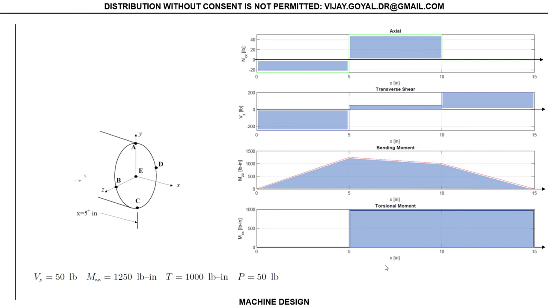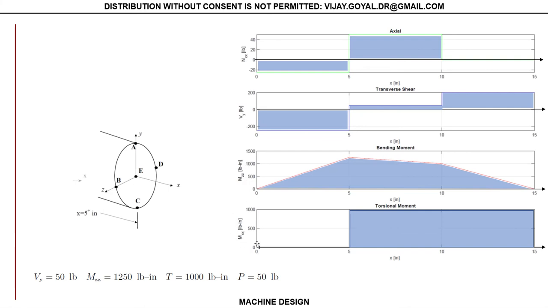Now, the goal of this exercise is not to show you how to find the shear moment diagram, but rather to keep moving forward. However, in this particular example, this is what all the load diagrams look like. You've got N_xx, V_y, M_zz, and M_xx.